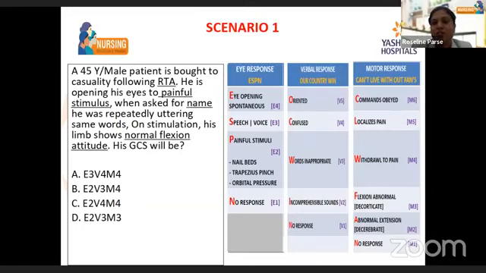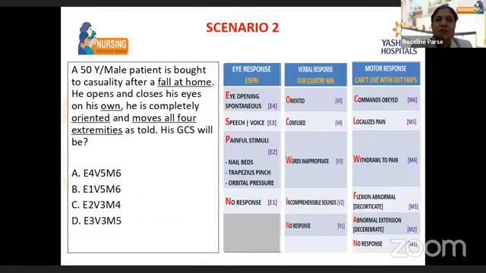So it is words inappropriate. Last one is he shows normal flexion attitude when stimulated, that is, he is withdrawing to pain. So the score would be E2, V3 and M4. I hope everyone got that correct.